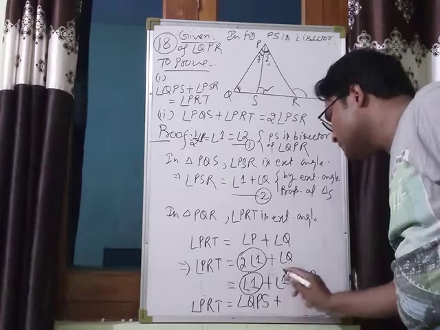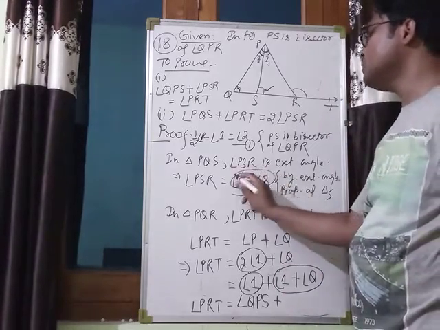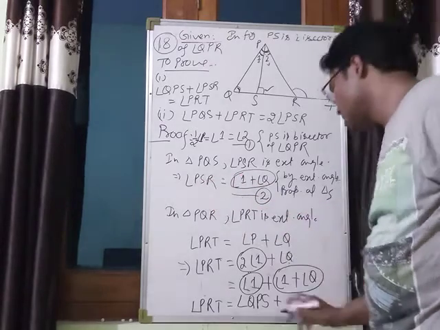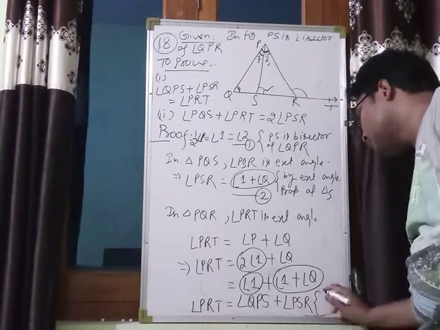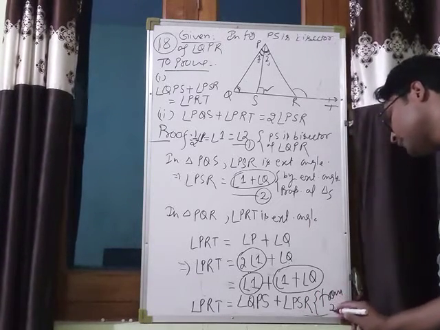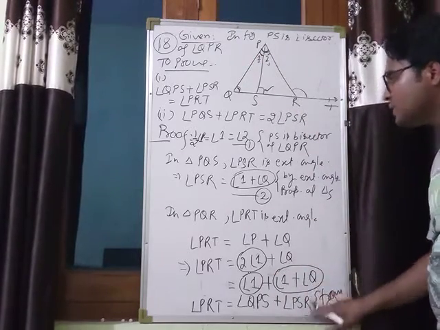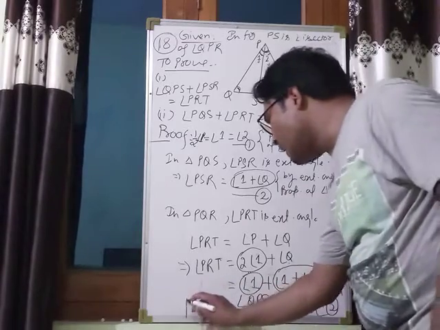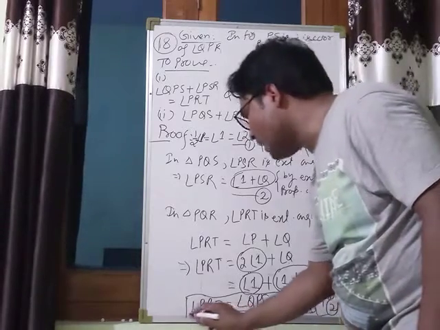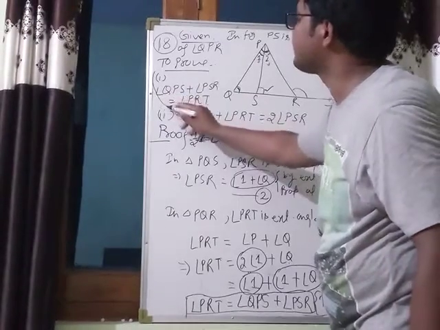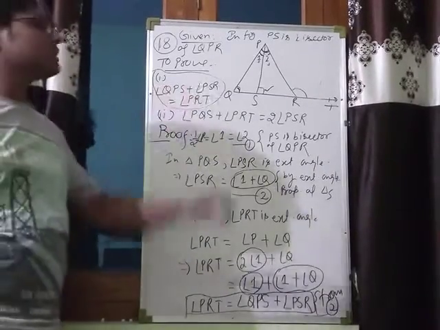Okay, and plus angle 1 plus angle Q. Angle 1 plus angle Q equal to angle PSR, that is from second. इसका तो हमने सिर्फ नाम पढ़ा, और ये कहां से आया, ये कैसे रिप्लेस किया हमने? From second. So PRT equal to QPS plus PSR. ये फर्स्ट वाला. PRT equal to QPS plus PSR.